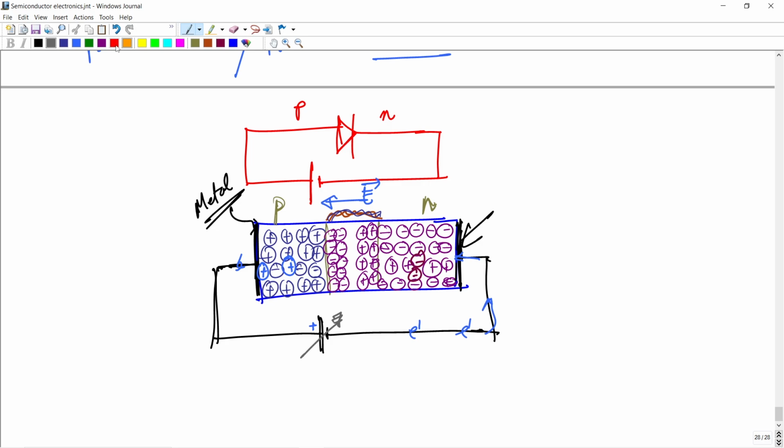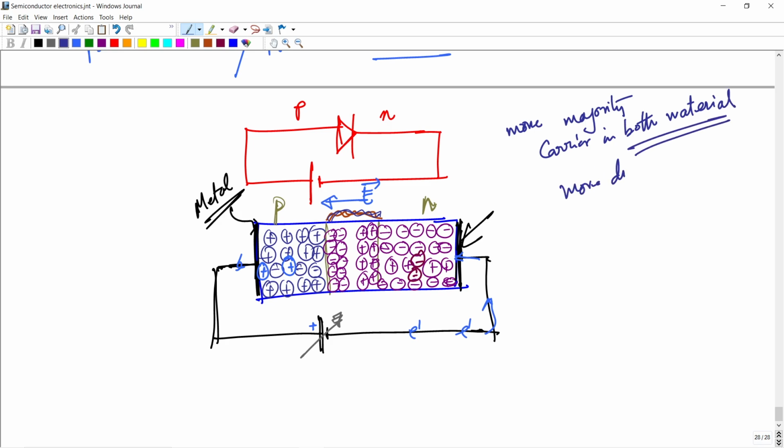So more majority carriers in both p type and n type material, so more diffusion. More diffusion means electrons go from the n region to the p region, where the electron is a minority carrier.